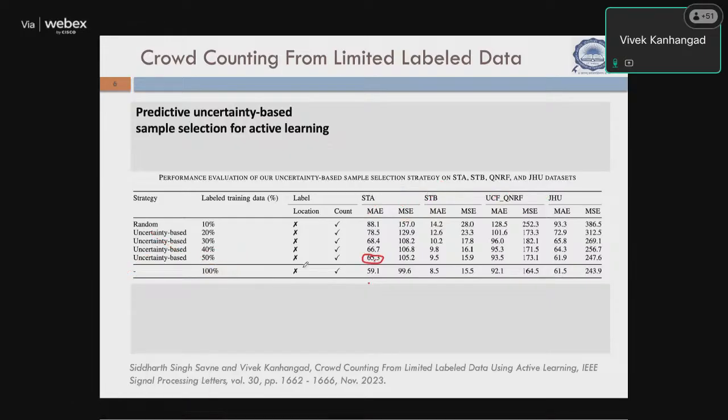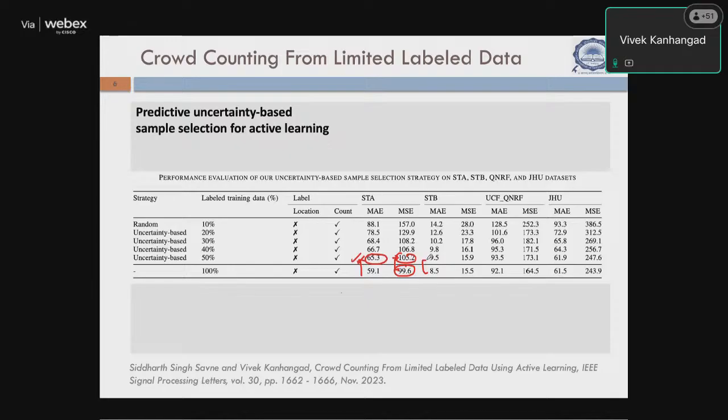Even if you compare with 100% data, this is what is achievable, 59. However, with 50% of the data selected actively by the model, we are able to achieve 65. Of course it's poorer, but relatively we are just using 50% of the data. Here with 100% you are able to achieve 99, with 50% we are able to achieve 105.